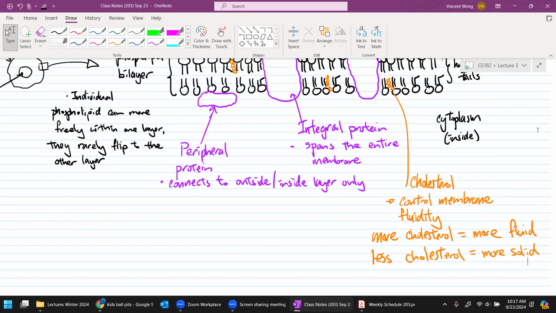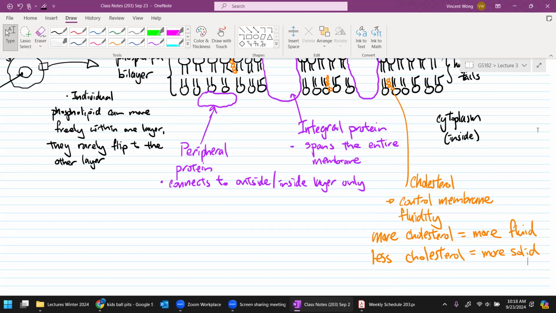For example, if the cell belongs to an organism that lives in a very hot environment, you actually want to have less cholesterol in the membrane. Because if it's very hot, things tend to melt, right? Things tend to become more liquid. And by making it more solid, you kind of counteract the high temperature.